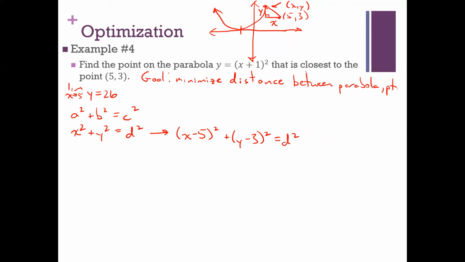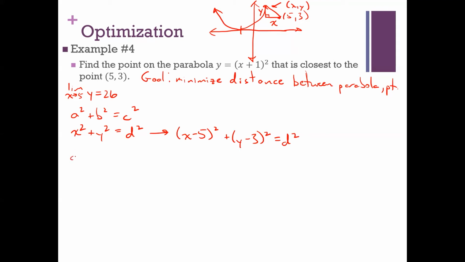But I'm really looking for how far away my parabola is from this point (5,3). So now I like this equation. I believe this is true. How many variables are in it? 3. Solomon had a good plan to get this thing down to 2. So we'll make that change.